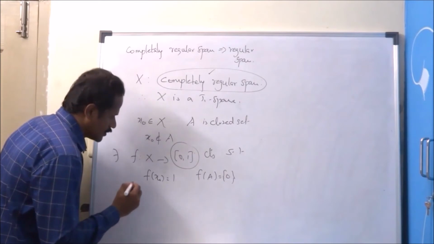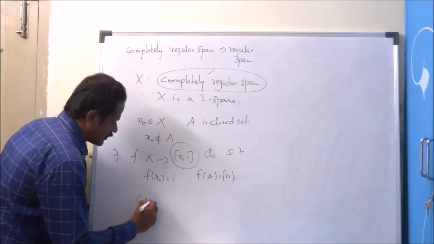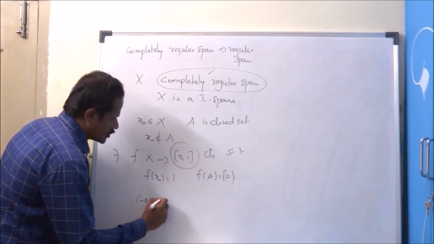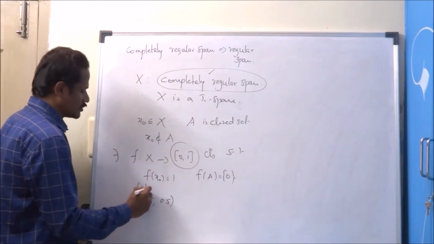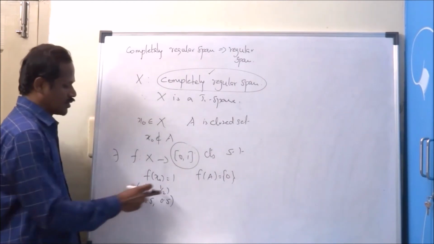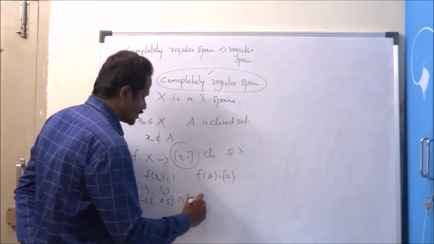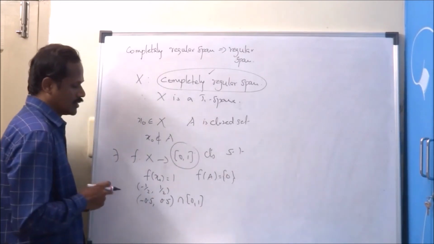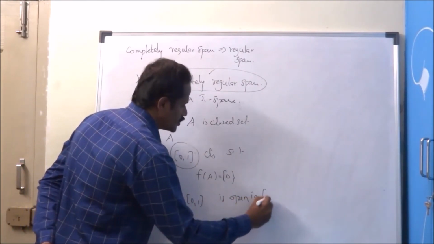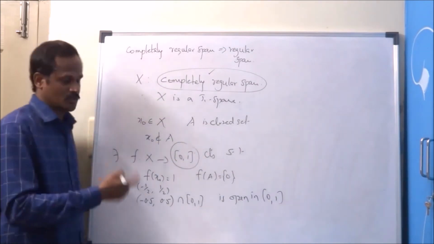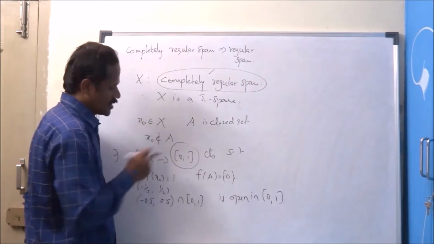Now look at the interval (-0.5, 0.5), that is (-1/2, 1/2). It is an open set in R. You take the intersection with the set [0, 1], and it is open in [0, 1]. This is the subspace topology, because you have written an open set in R intersected with the subspace.